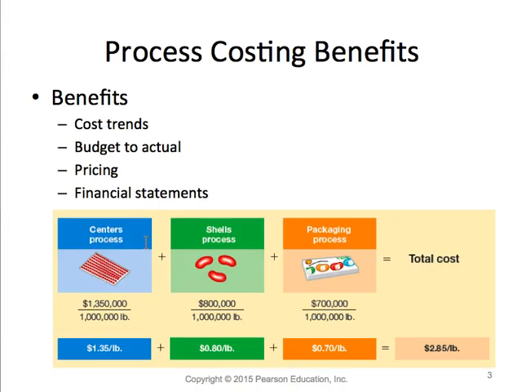So, process costing benefits. The list here is cost trends, budget to actual, pricing, and financial statements. Cost trends: because you're doing mass production of a large quantity, say jelly beans, you want to know the cost of the beans you're making.